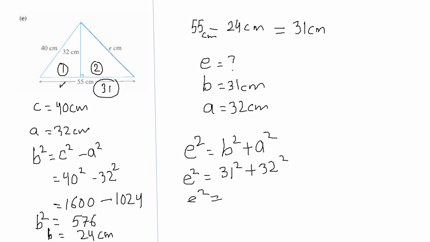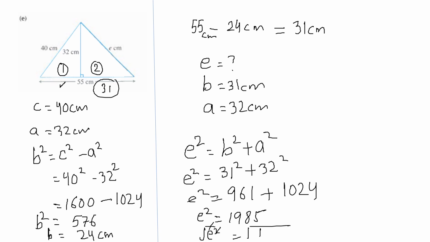E squared is equal to 31 squared, which is 961, and 32 squared is 1024, and by adding these I get 1985, and I have to find the root for E squared. The root of 1985 is 44.55, which will be my final answer for the hypotenuse.